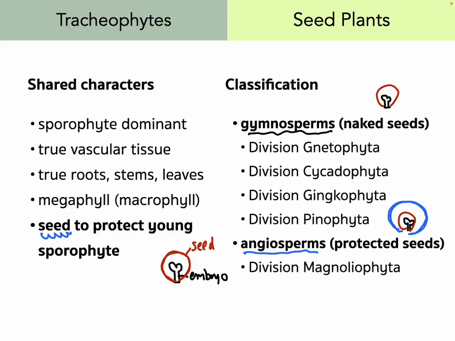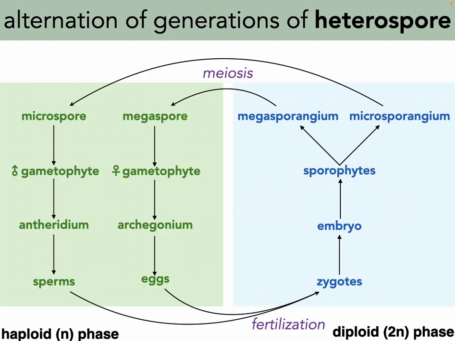But I forgot to mention, all of these seed plants are heterosporous. All of them produce 2 types of spores: the megaspore and microspore. From what we did this morning, it changed a little bit. The sporophyte now produces 2 types of sporangium.